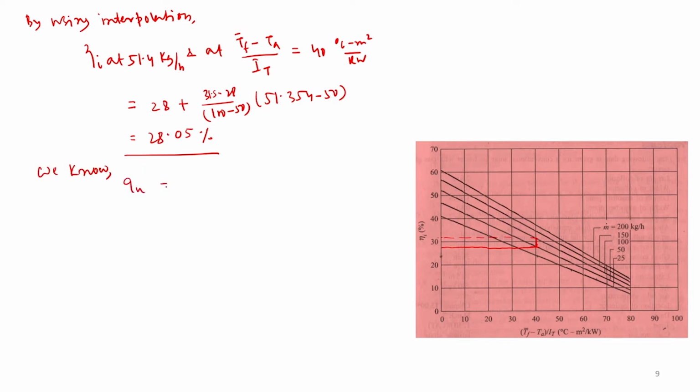QU is equal to eta I, then IT, then AC. Okay?